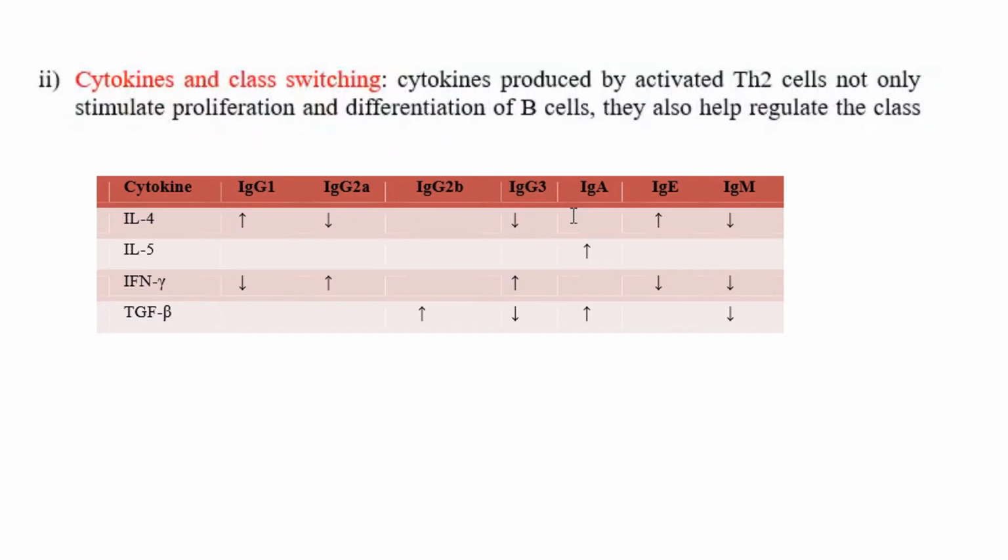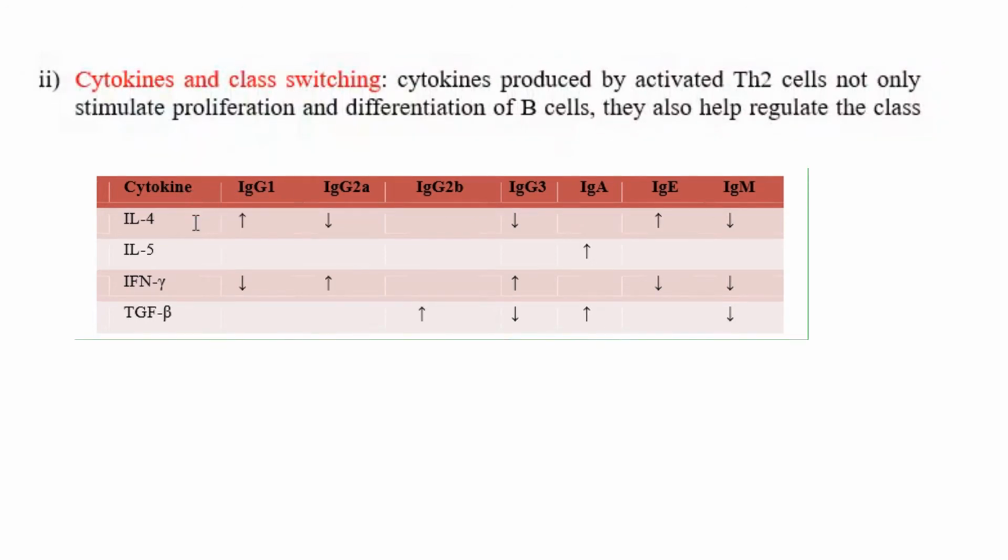Now we will talk about immunoglobulin class switching and the role of cytokines in class switching. Cytokines produced by the activated T helper 2 cells not only stimulate proliferation and differentiation of B cells, but they also help to regulate class switching for antibody production.